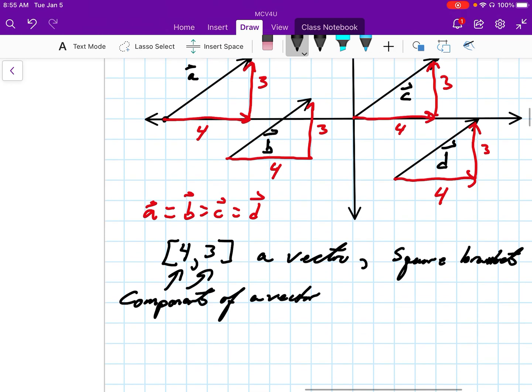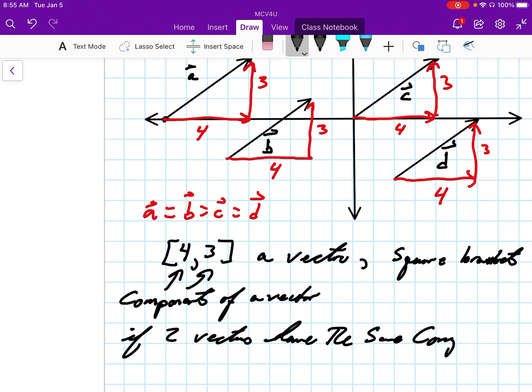The other thing is we can say that if 2 vectors have the same components, then they are equal.